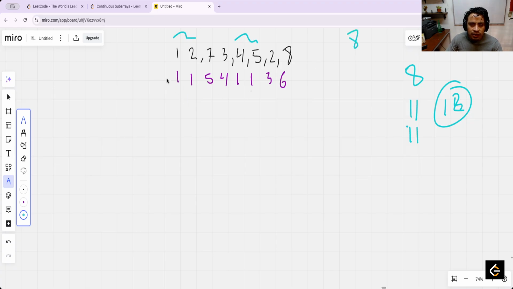Is 8 as a default, and now is 1. No, 2, 3, 4, no, 3. No, 3. No, yeah.